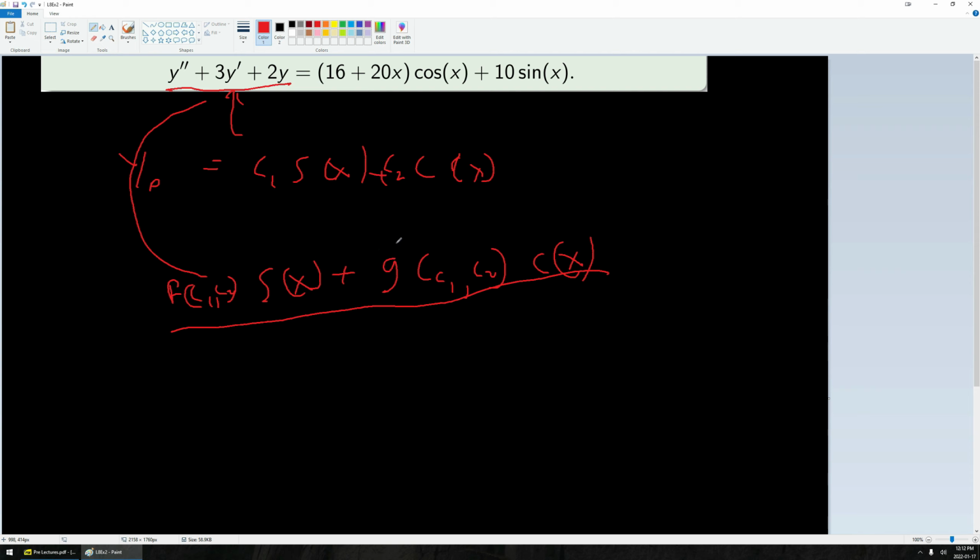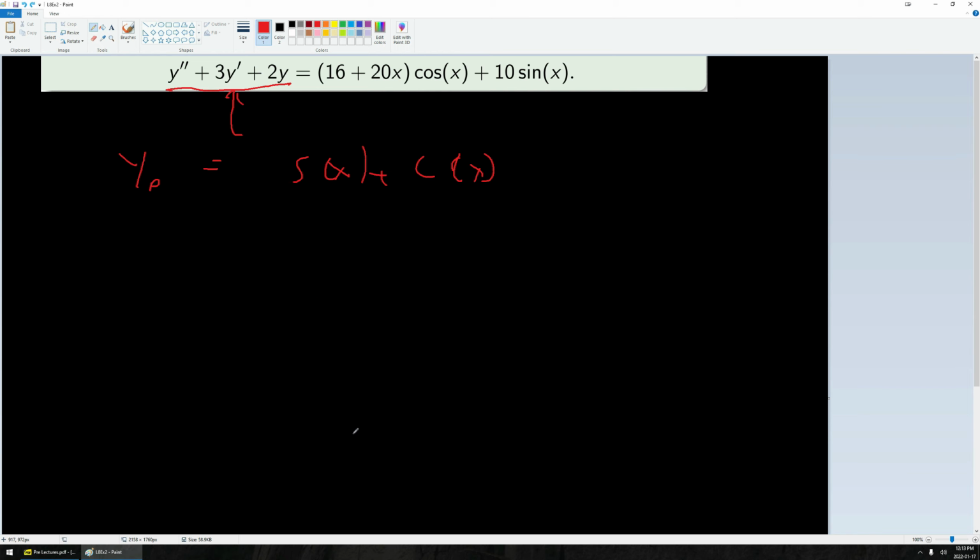But if I try to make this thing equal to these expressions here, I run into a problem because this thing does not depend on something that looks like x cosine of x, right? There's nothing that would look like this here. Thus, the previous ansatz we used can't work here, purely based on the fact that I can't match the x coefficient. So I need to pick a different ansatz.